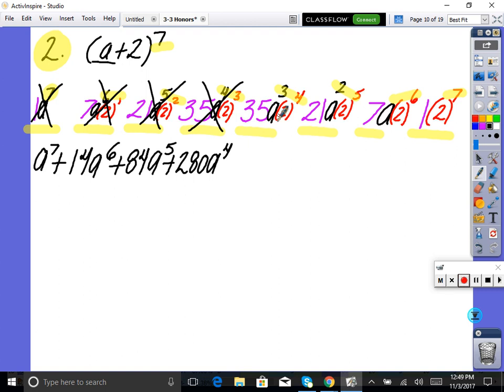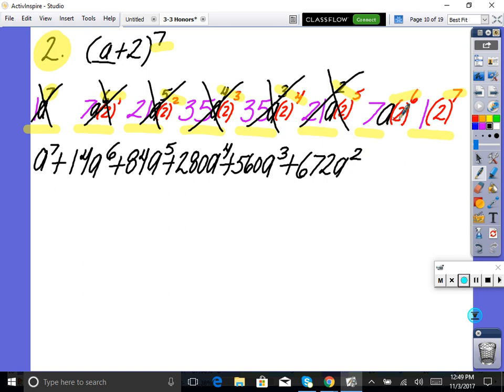And then we have 16 times 35, plus 560, a to the 3rd. And then we have 2 to the 5th times 21, which is 672, a squared. We're almost done. And then we have 2 to the 6th times 7.